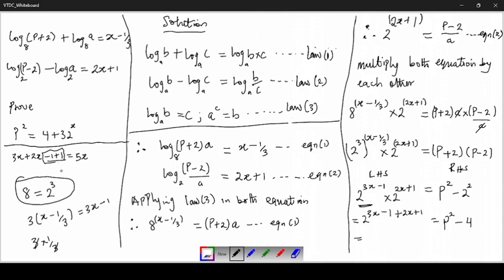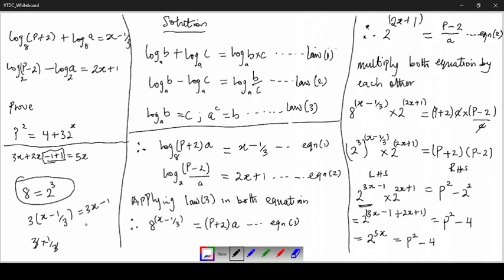So we have here 5x. That means when the powers are simplified, we are going to have 2 raised to the power of 5x is equal to p squared minus 4.